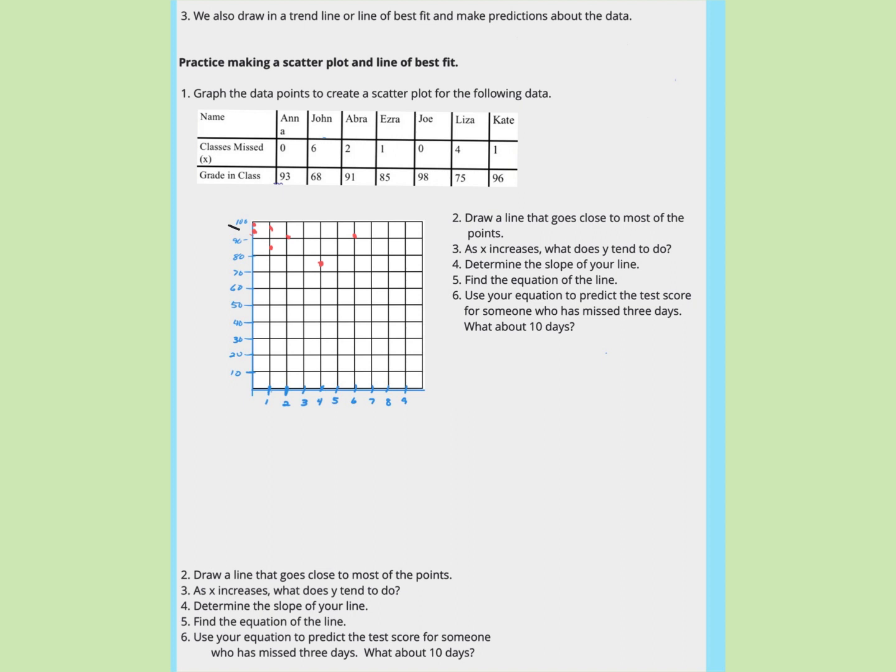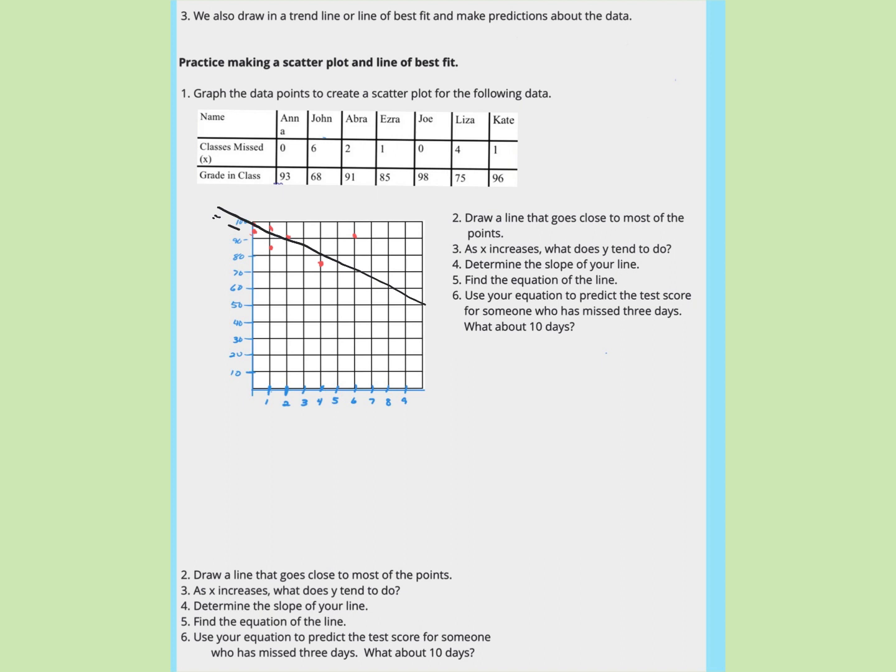Not very straight. From the trend line I drew, I have 1 point below and a couple of points above. Actually, let me go back and retry that one. Let's draw in a better line, going through like that. Now it looks like I have a better scattering.